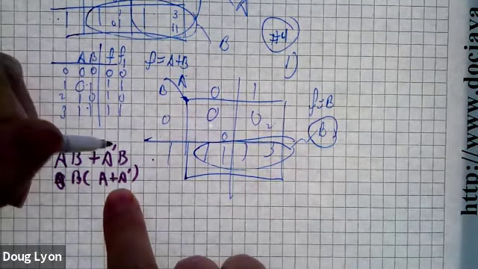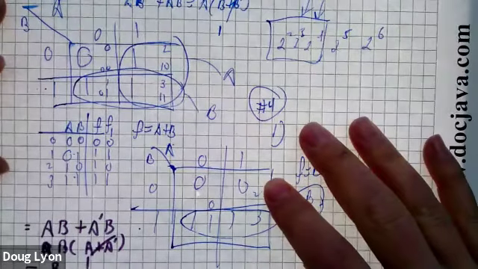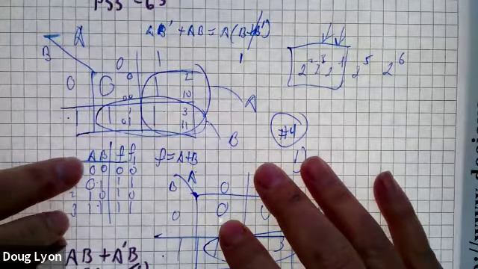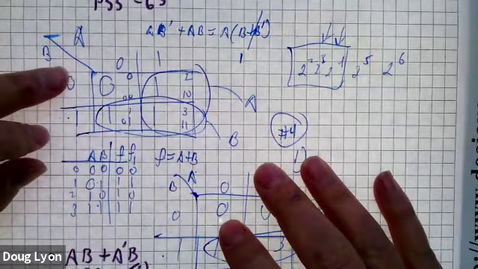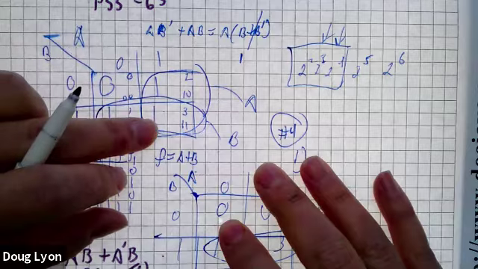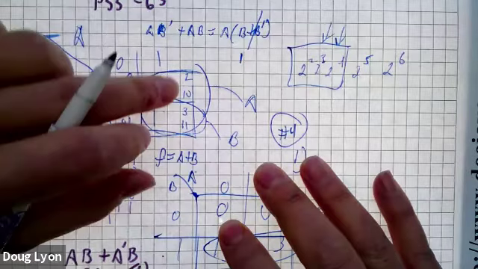A or A' can be simplified to 1, and so that must be equal to B. So what we can do is arrange our truth table in the following manner: 0, 1, 2, 3 are the elements in the truth table, base 10, and we can see the binary correspondences.